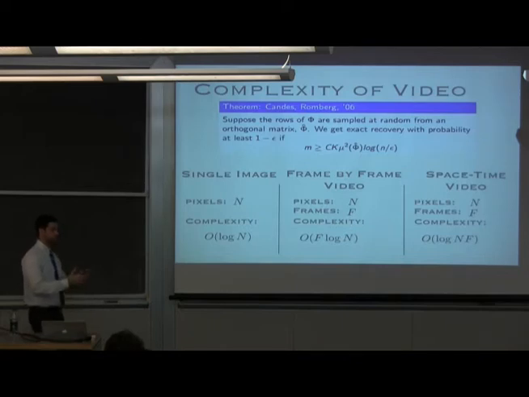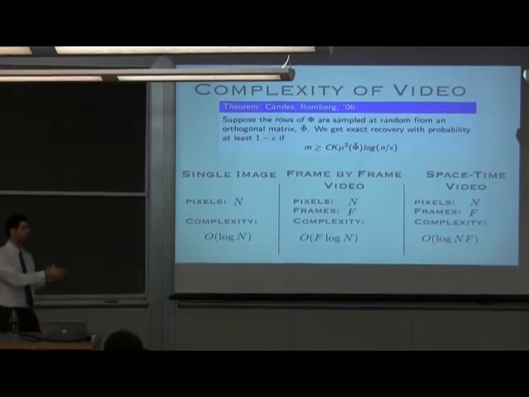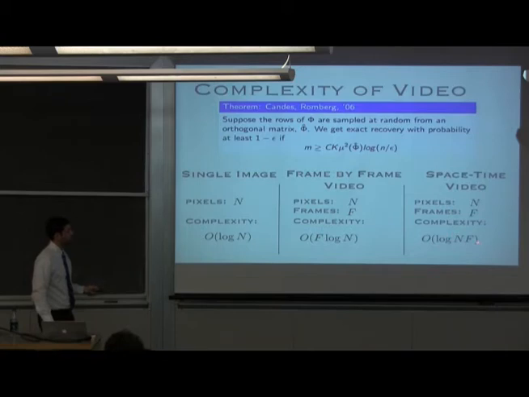But if you treat the entire problem like one large reconstruction, then all of the pixels come from the same image block. And our reconstruction theorem tells us that the number of measurements we need to take is proportional to the logarithm of n times f. So there's a massive complexity reduction you get from applying a sparsity transform in the time domain and treating everything like one large reconstruction as opposed to just going frame by frame.